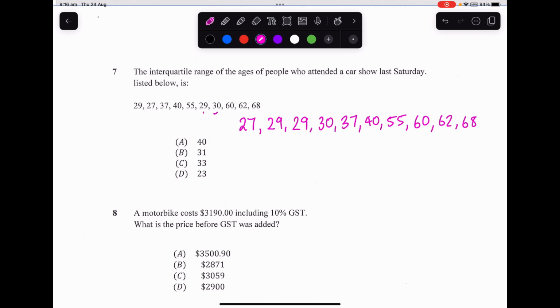Okay, let's see, how many numbers do we have? 1, 2, 3, 4, 5, 6, 7, 8, 9, 10. And I'll just double check. 1, 2, 3, 4, 5, 6, 7, 8, 9, 10.